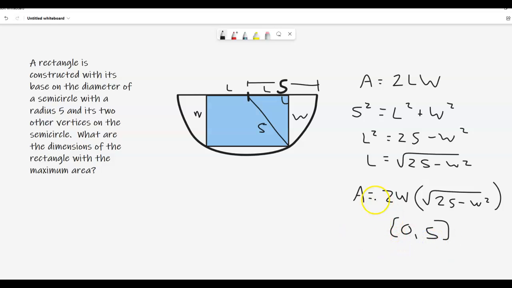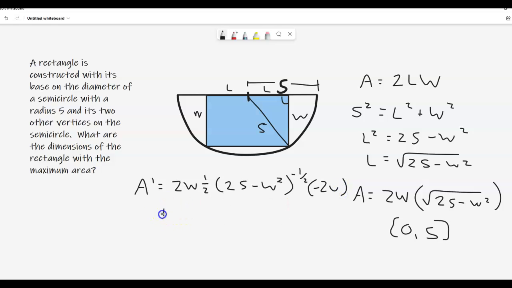All right, so let's go ahead and get to this. So A prime, it's going to be using a couple of our derivative rules here. So I'm going to use the product rule. So it's the first, which is 2W, times the derivative of the second. I'm going to use the chain rule for that. So bring the 1/2 out front, and then I'm going to have 25 minus W squared raised to the negative 1/2, and then times the derivative of the inside function, which is negative 2W.